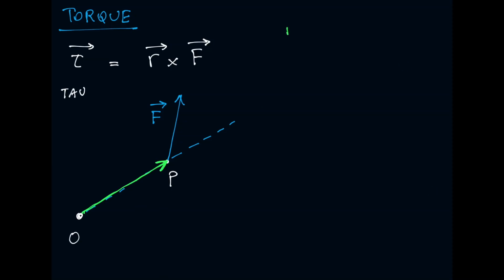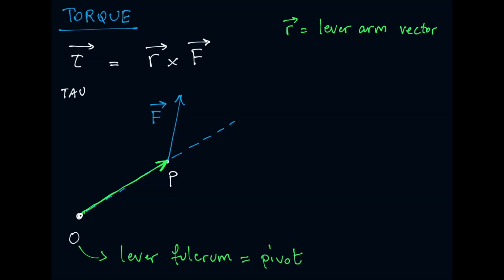In this context, R is also called the lever arm vector. O is also called the fulcrum. It means the pivot, basically, the pivot about which we want to calculate the torque.